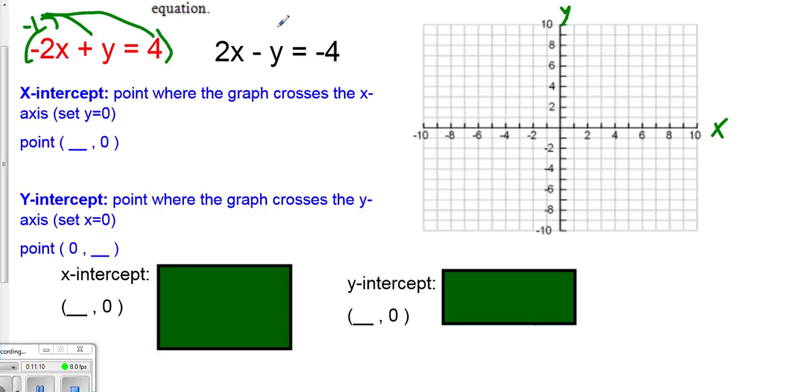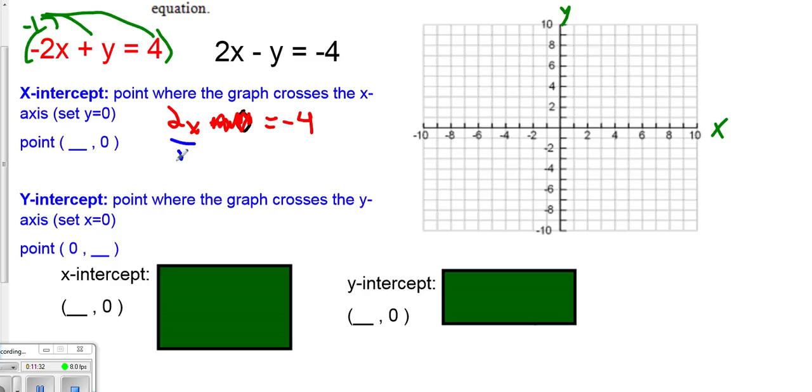So for finding the x-intercept, we would do 2x minus, we're setting this equal to 0, equals negative 4. Now subtracting 0 means nothing changed, so we don't really need that. So 2x equals negative 4.